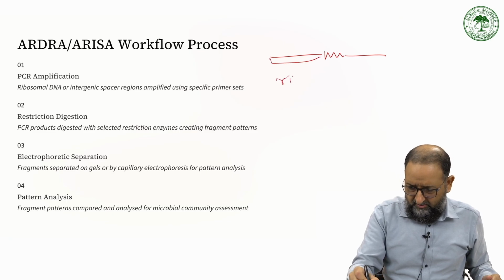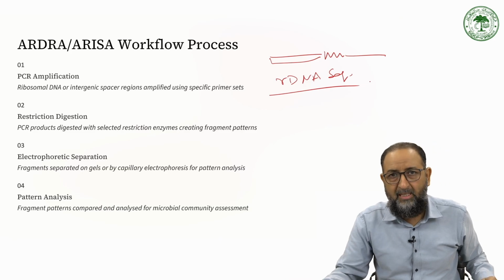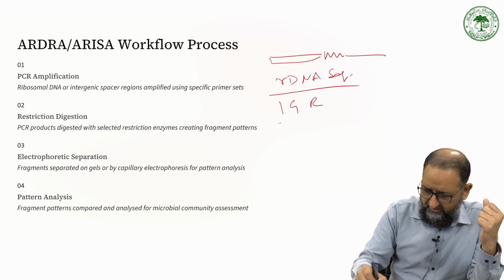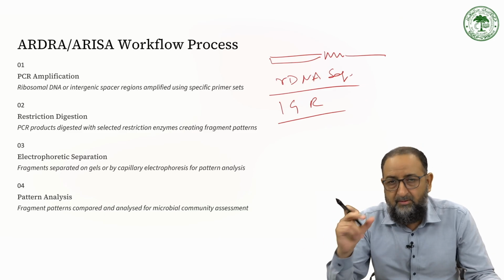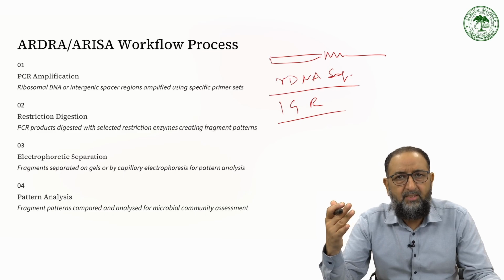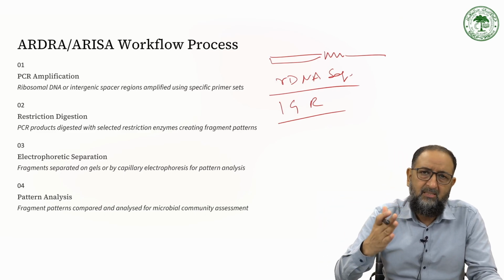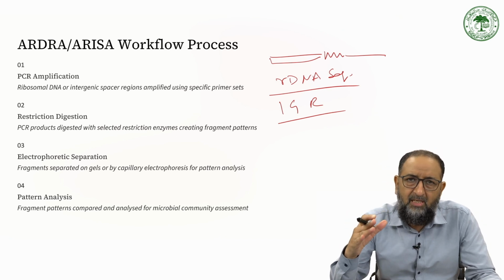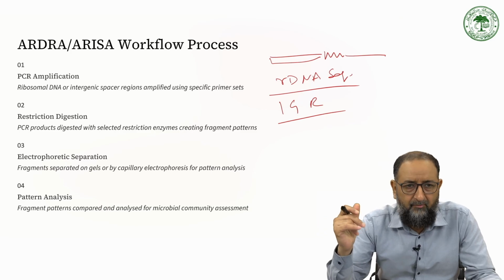Ribosomal RNA sequences have an intergenic region, IGR. This intergenic region is basically a conserved region, right? So just like rDNA, interspacer or intergenic regions can also be used for the identification of species. Every species has very conserved interspacer regions. Interspacer regions are smaller; they can run on the agarose gel easily and be identified.